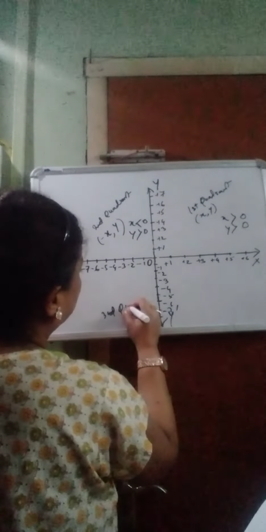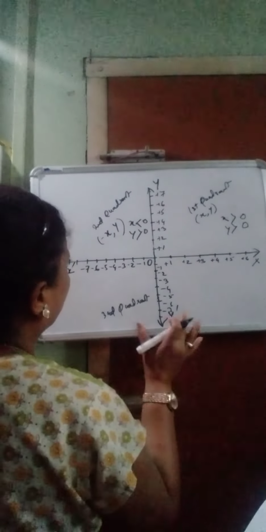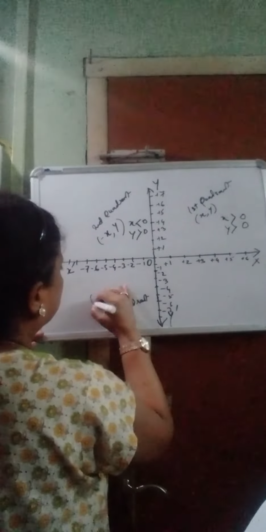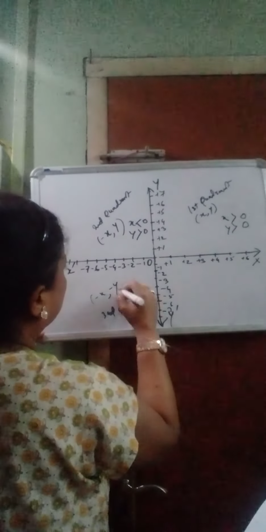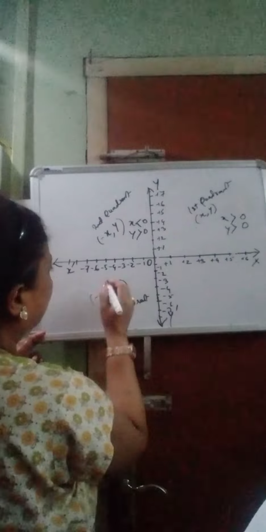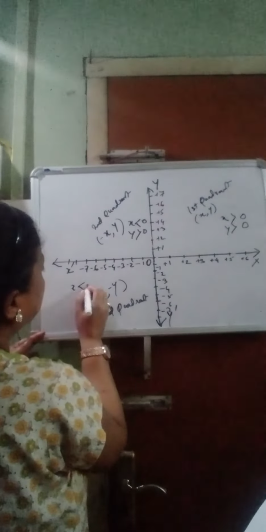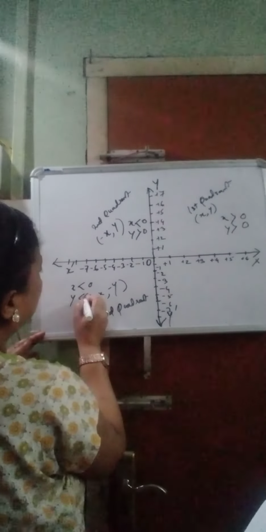In the third quadrant, both x and y become negative, minus x and minus y, because this side is negative and the below side is also negative. So here x is less than 0 and y is also less than 0.